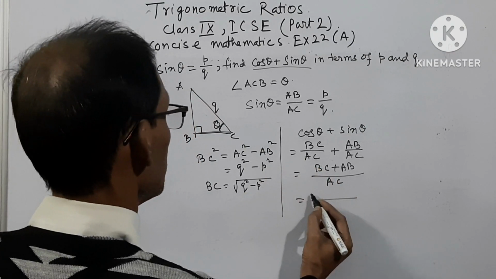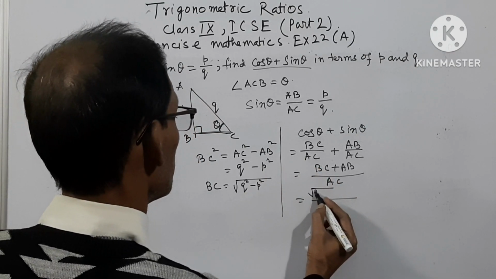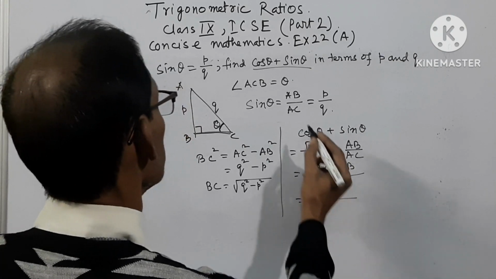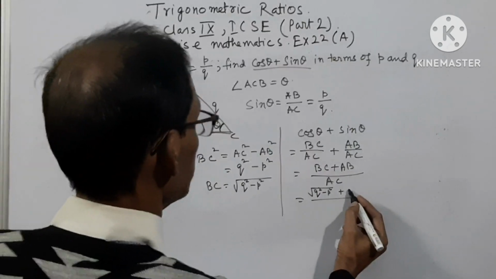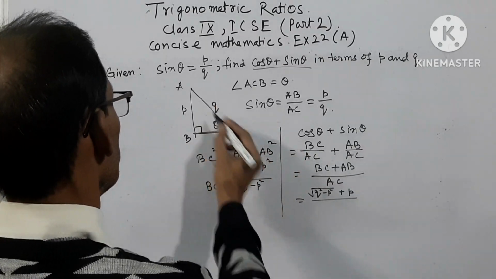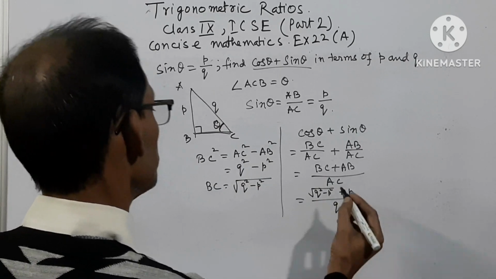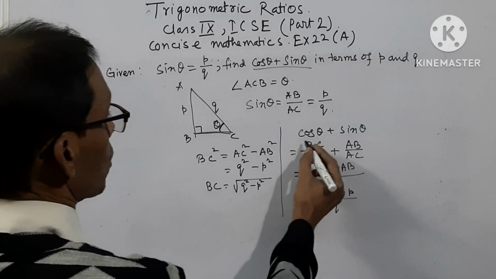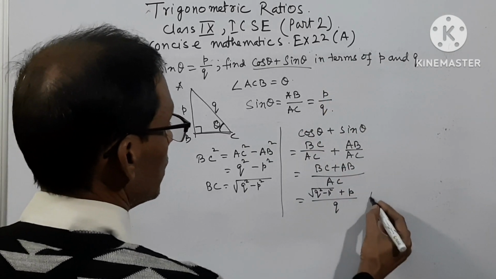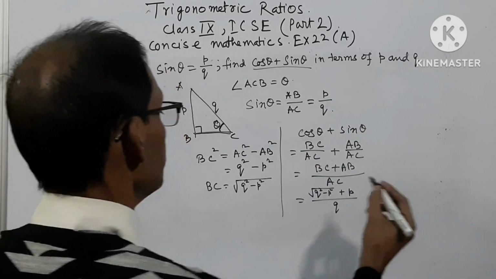BC is root Q square minus P square plus AB is P, and AC is Q. So this is cos theta plus sin theta in terms of P and Q. This you can give as the answer.